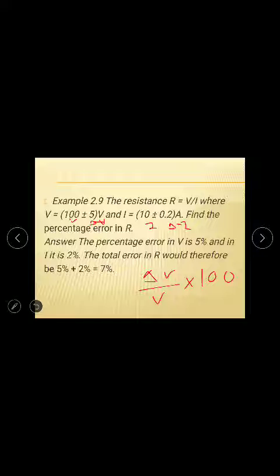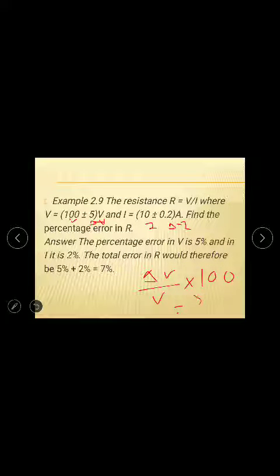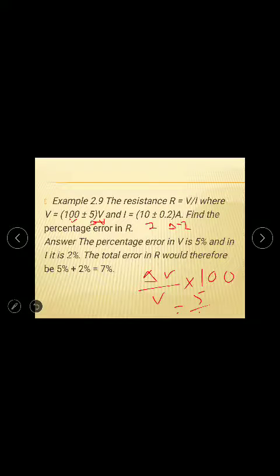It is 5. 5 upon 100 into 100. So what happen? 100 will cancel and we are getting the 5%. Okay. So it is a percentage error in V.